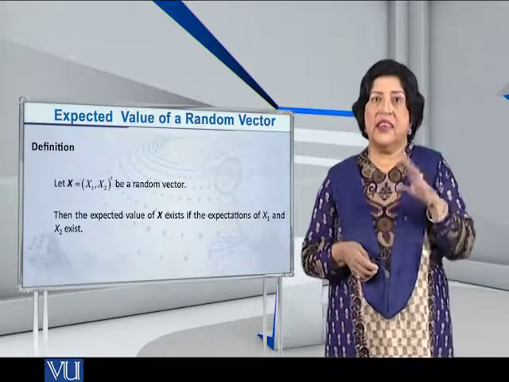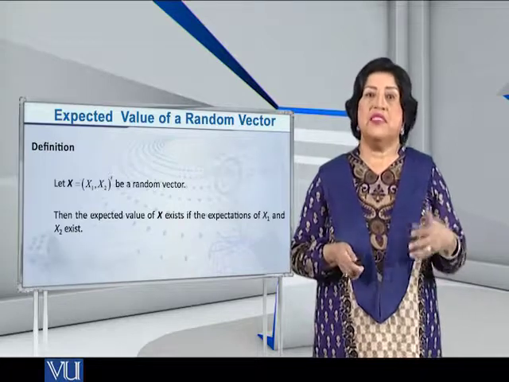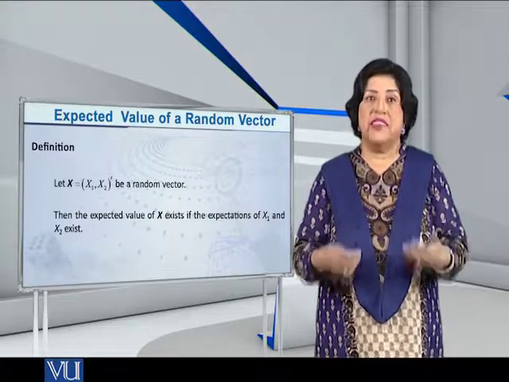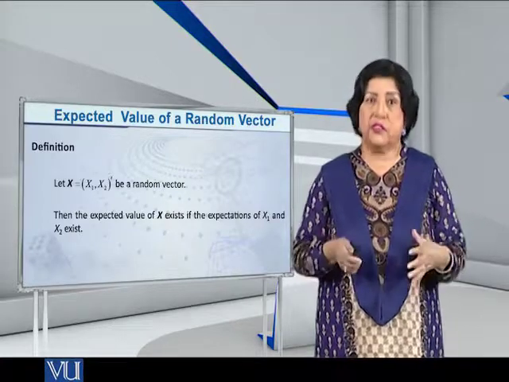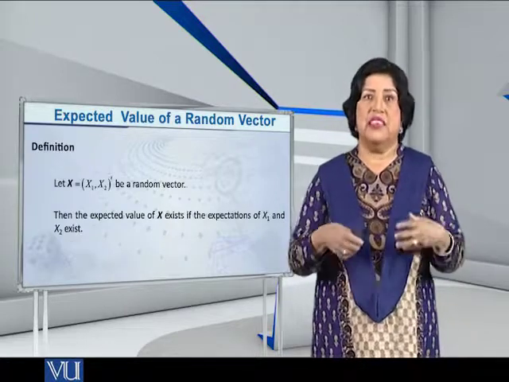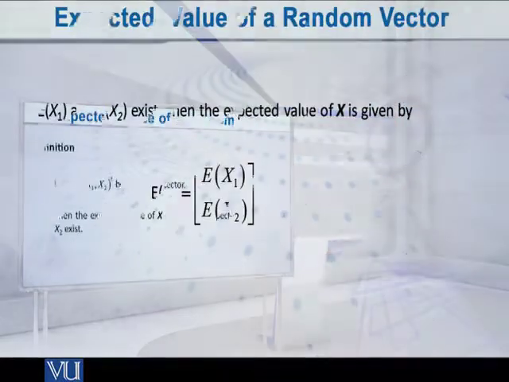If their expectations exist separately, then we say that the expected value of that vector also exists. And students, the formula or the expression is very interesting, as you can see now on the screen.